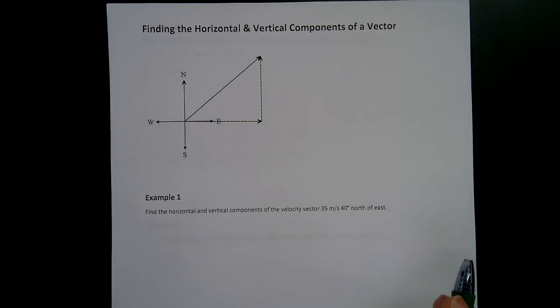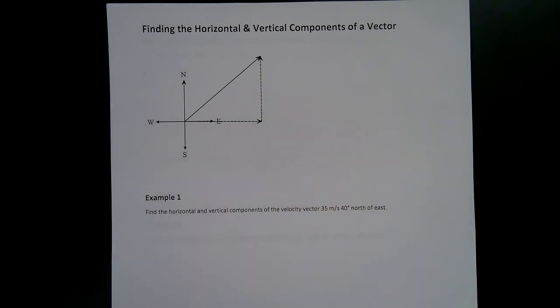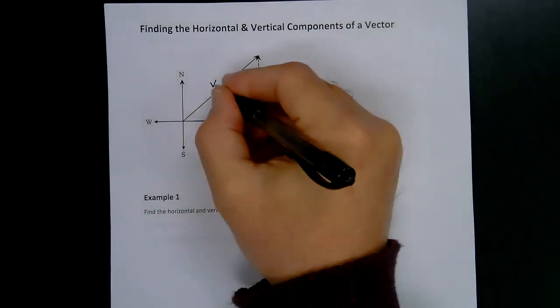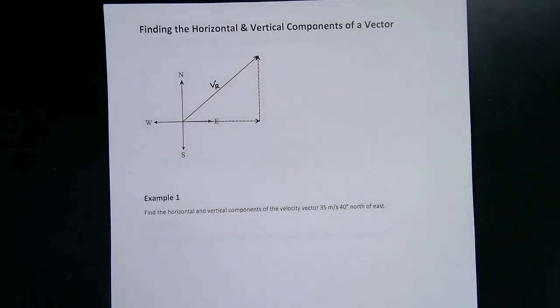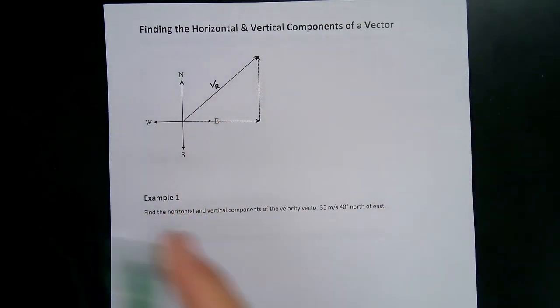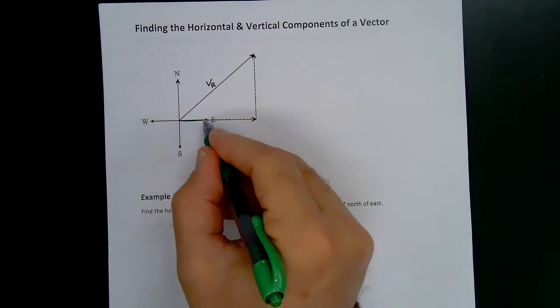So the very first thing is, if this is my vector, let's call this V. Okay, this is the vector we're looking at, the one we start with, okay? And it's going to have an angle that we rotate, and we always rotate from this positive x-axis, okay?